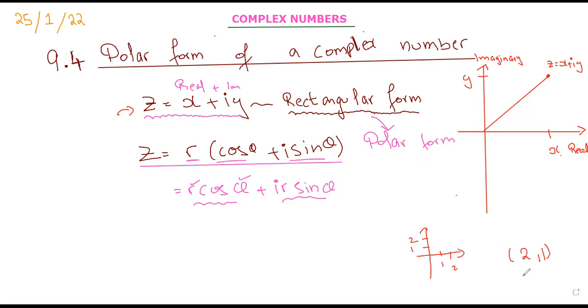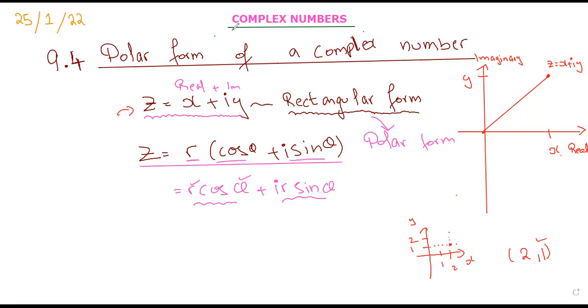How do you plot 2, 1? You go to x equals 2, this is x and this is y, and you go to y equals 1. This is how you plot, right? And in complex numbers, we just connect the origin with this point. This line is basically the representation of this complex number. So this is the rectangular form.